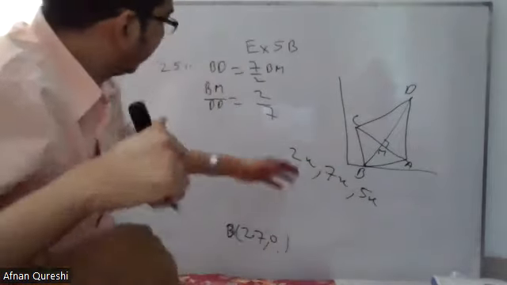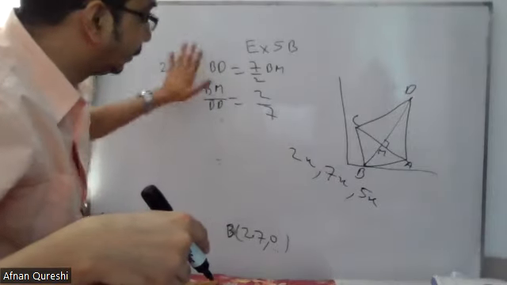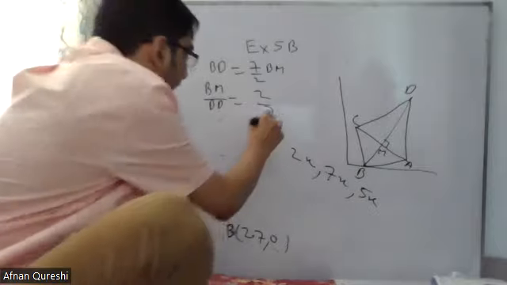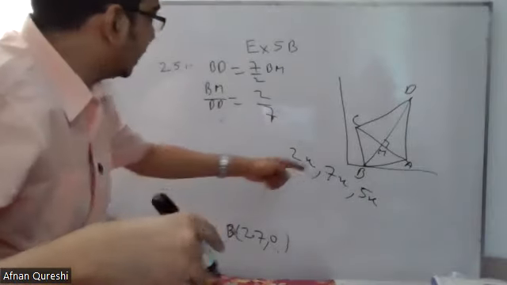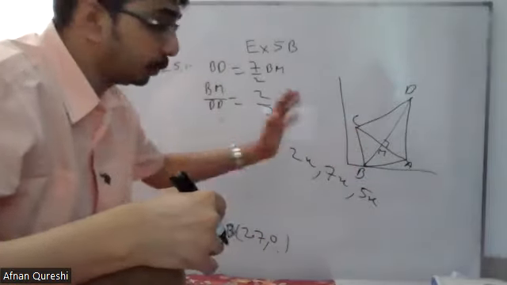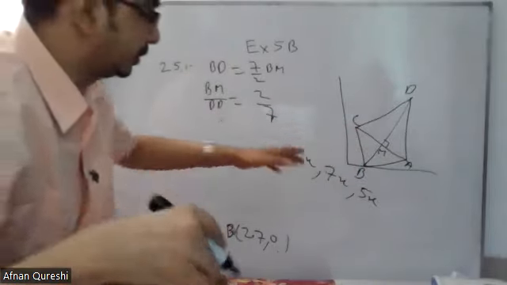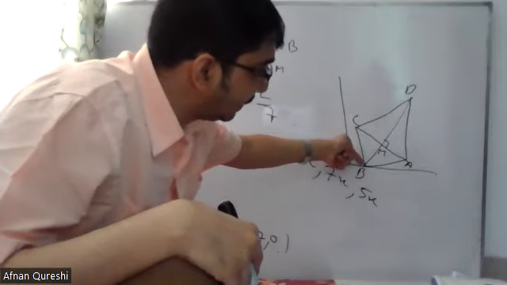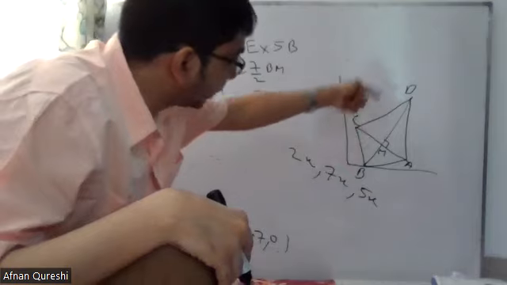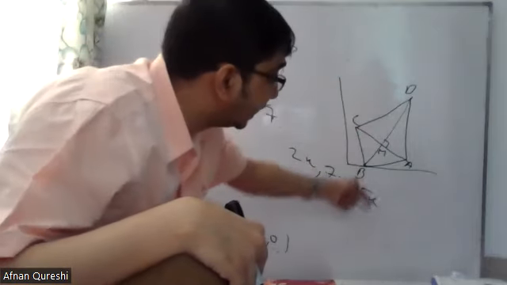Let me repeat. According to the question, I'm just rearranging this: it is 2:7, 2 by 7. That means here, if BM is 2x units, I can just write 2 also. It is not 2 units, just the ratio actually. So if BM is 2x units, then BD is 7x units. So what is MD? It is 5x.